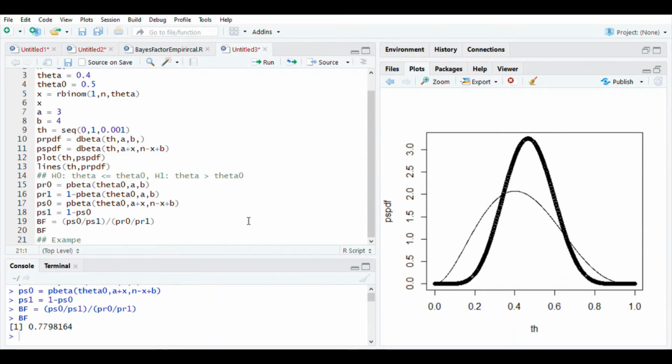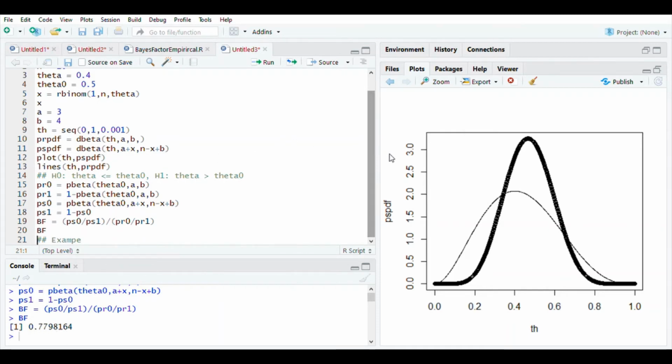So see, this is what happens when you are very close to the boundary point specified by H0 and H1. When you are very close to the boundary point, it is really difficult to make the right decision. In fact, people end up making the wrong decision in many such cases. Because theta is very close to theta naught, even though H naught should have been accepted, we are ending up rejecting H naught.